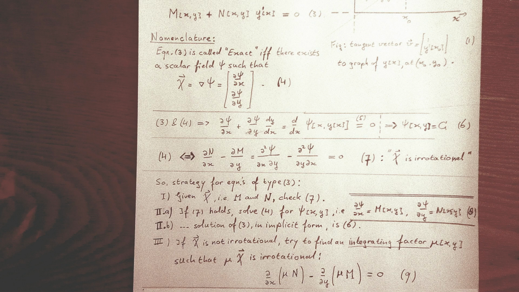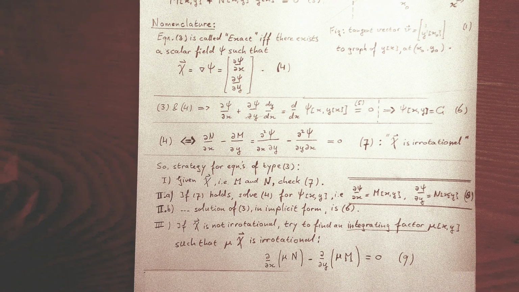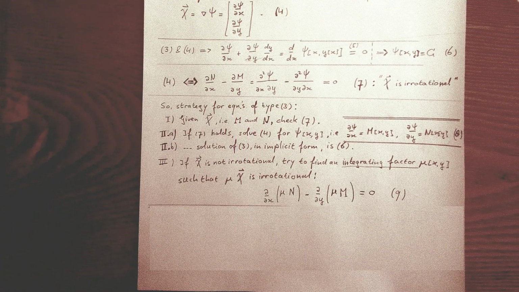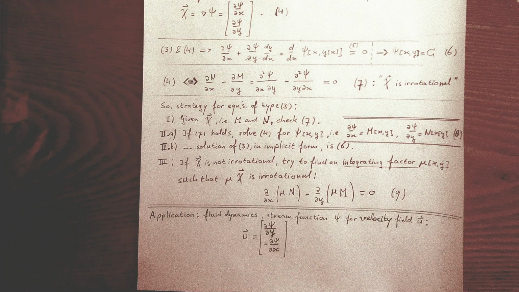As an important application of exact and pseudo-exact equations, we mention fluid dynamics. In that context, our scalar field psi here corresponds to what is known as the stream function. The vectorial velocity field of the fluid is then given by the partial derivatives of psi, by the following expression.